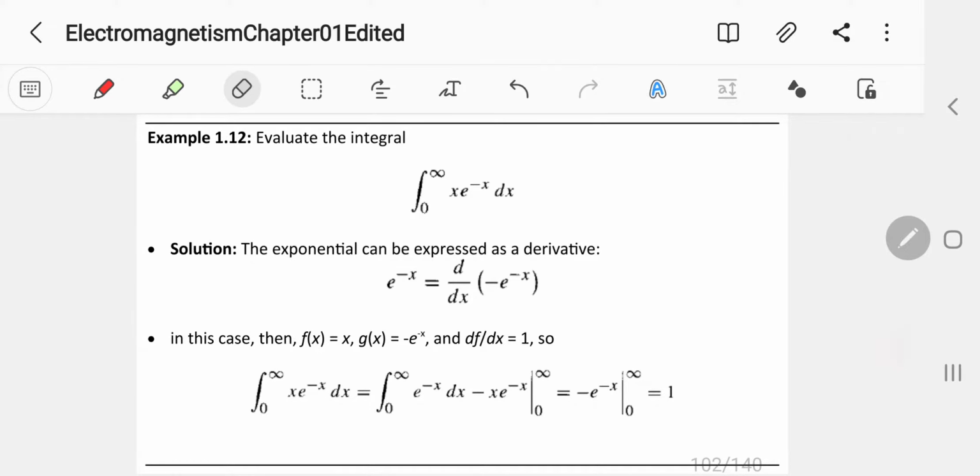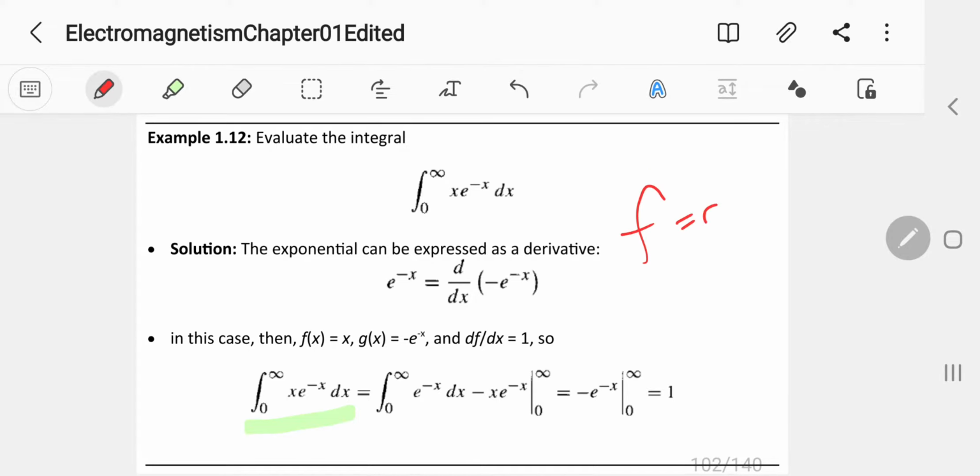So you have that, and this is now the integral, and then you have g of x, and then your f here.